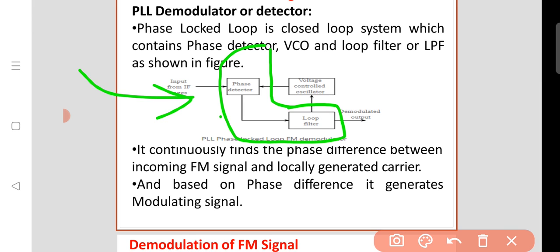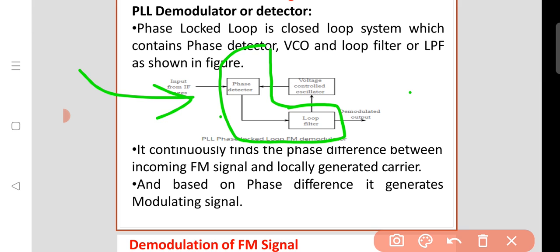Okay, so the phase comparator detects the phase, and we consider the phase detector and the loop filter or low pass filter. Actually the phase locked loop, simple definition, is a negative feedback system which performs tracking of phase and frequency components from the input carrier signal.